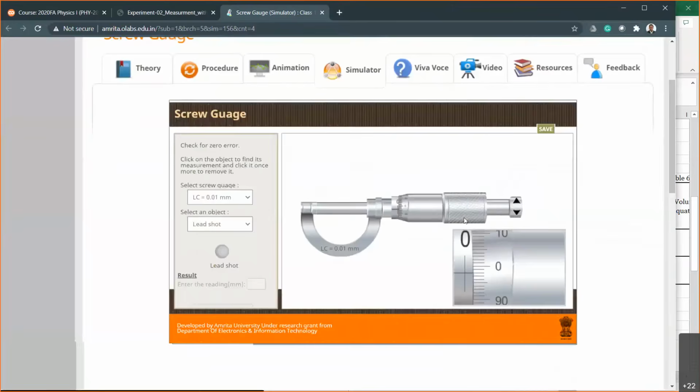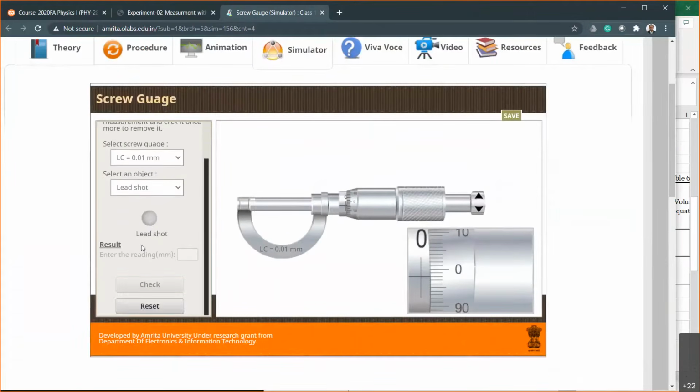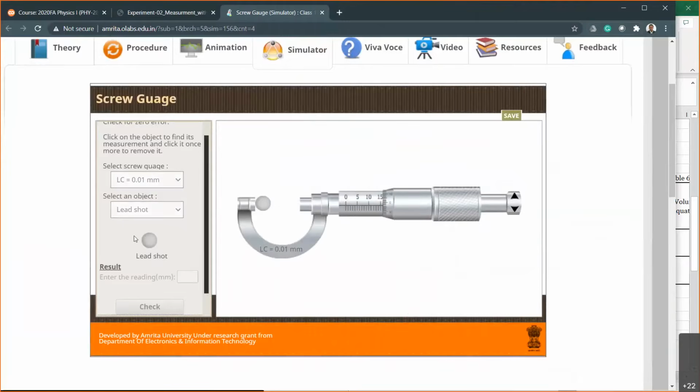If you want to do any measurement here, all you have to do is go to your left-hand side. I'm going to take the diameter of this lead shot. Click on the lead shot, then it will appear here. That's a small circle, right?